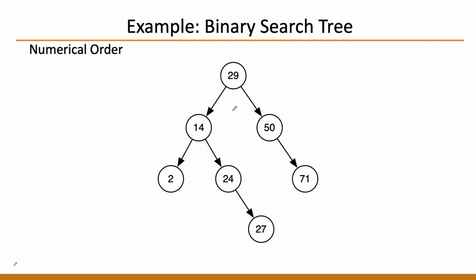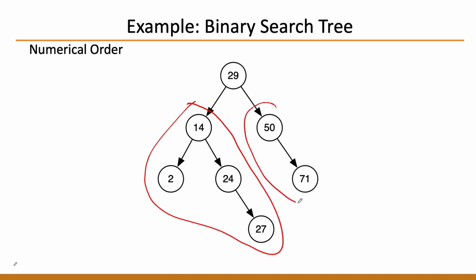So this is one example, where we want to represent numerical order. This is actually a tree very similar to the one we saw in the last lecture. We have a value at the root node, which is 29. 29 is greater than all the values on the left-hand side, and 29 is smaller than all the values in the right-hand side. This is subtree 1, this is subtree 2.